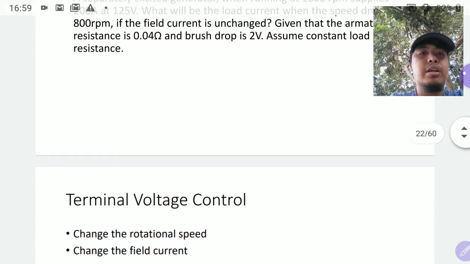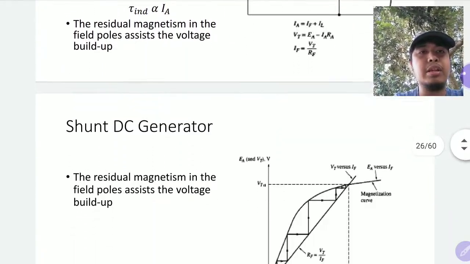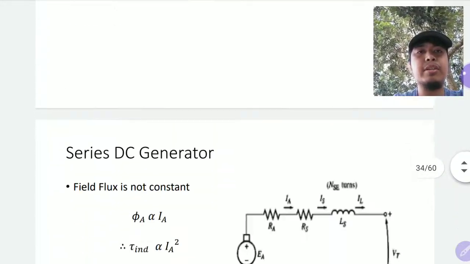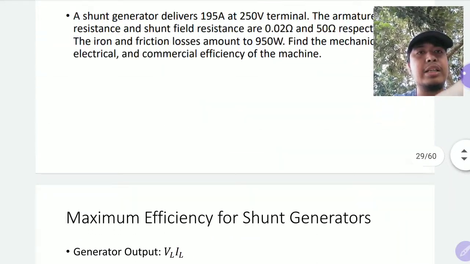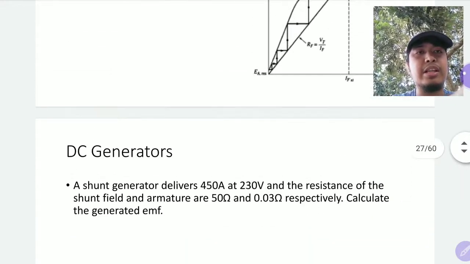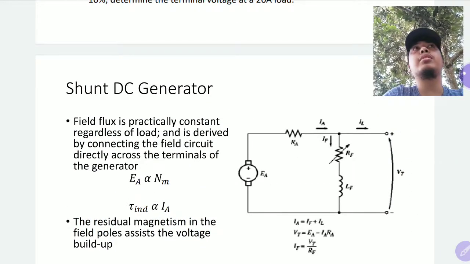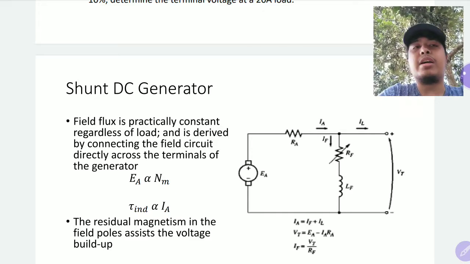Now, a more complicated one is your shunt and your series DC generators. The idea of the shunt and the series DC generators is that your field is no longer separated from the armature coil.